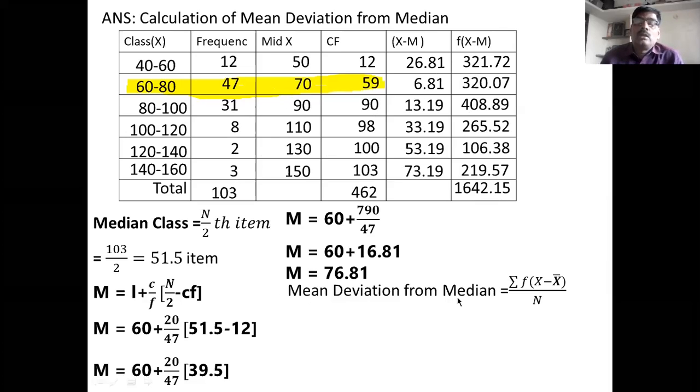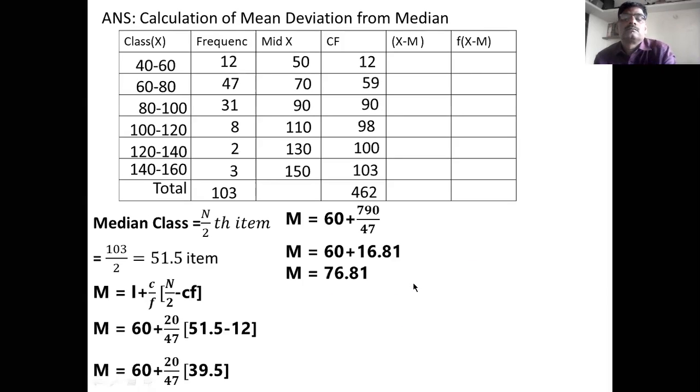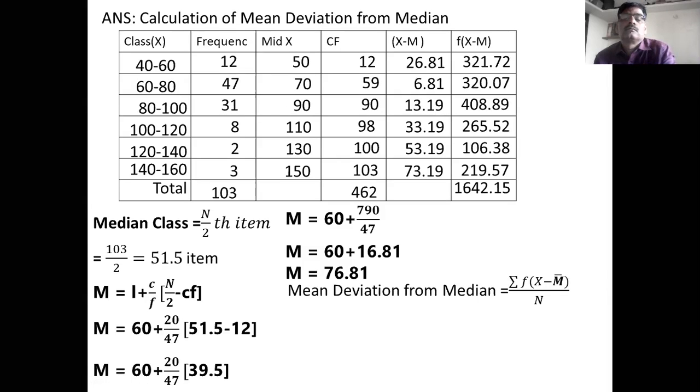Mean deviation from median is equal to summation of f times x minus x bar. It is not x bar, you take M. Okay.